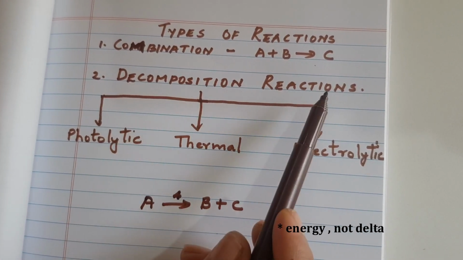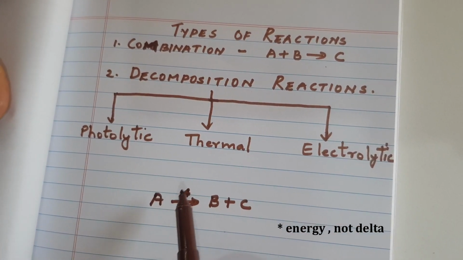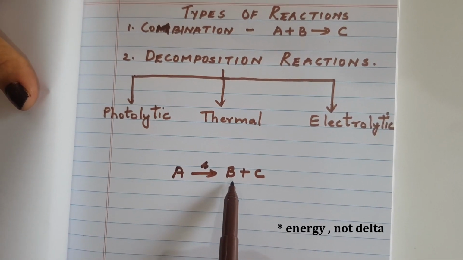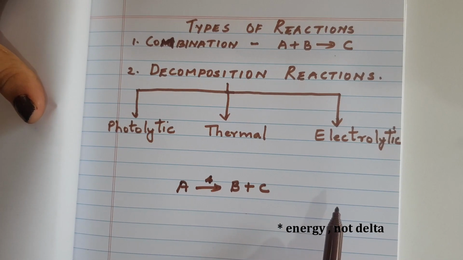So decomposition reactions are of three types: photolytic, thermal and electrolytic. Generally, it can be represented as A breaking down or decomposing to give B and C, or B plus C plus D. It can be more also.